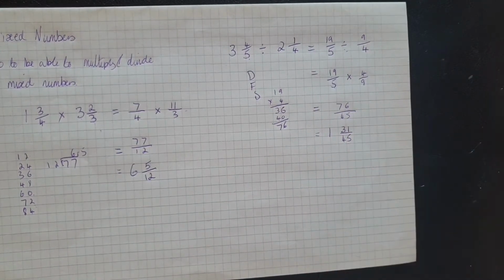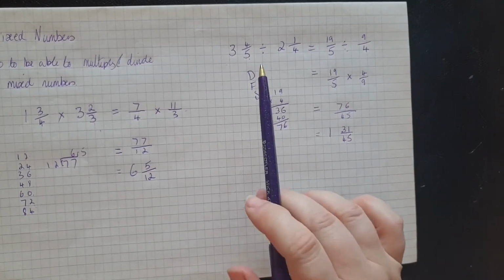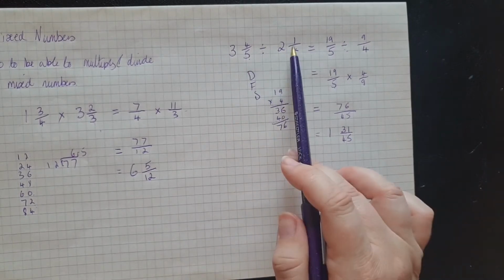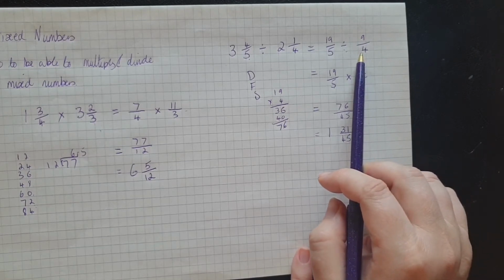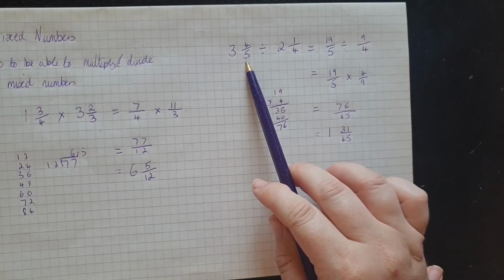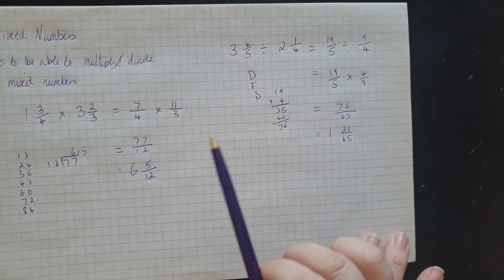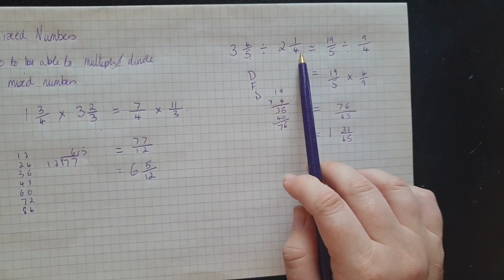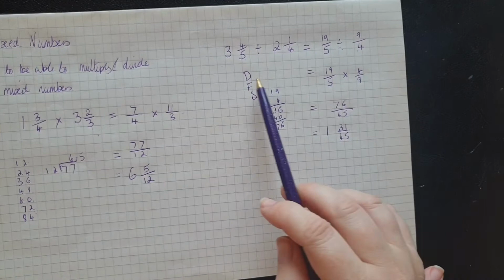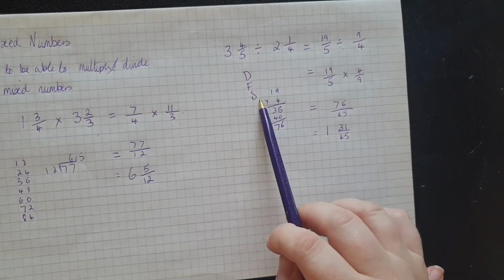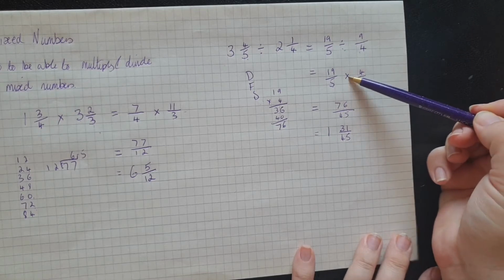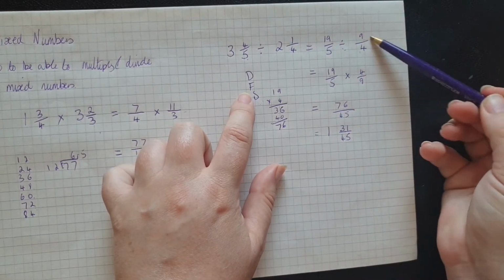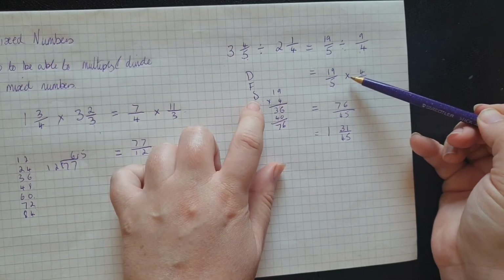So, to recap, dividing by mixed numbers, convert into a vulgar fraction first. 5 times 3 is 15, plus 4 is 19. 2 times 4 is 8, plus 1 is 9. DFS: divide, flip, swap. 19 over 5, 4 over 9, flipped it, swap.